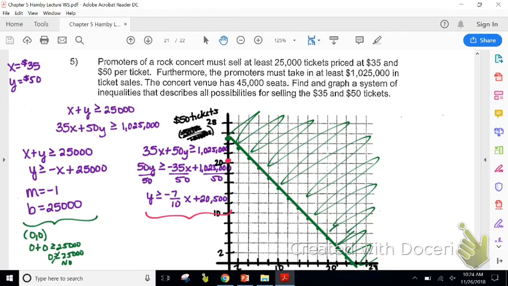So then I'm going to shade my next one. This one's a little harder to pick a scale for because it's -7/10. So we could actually do -7,000 over 10,000. That'd give us a couple points. Where does this start?